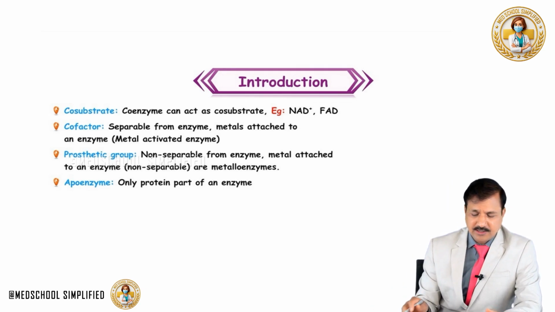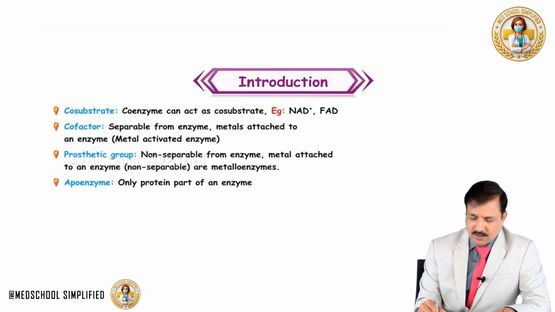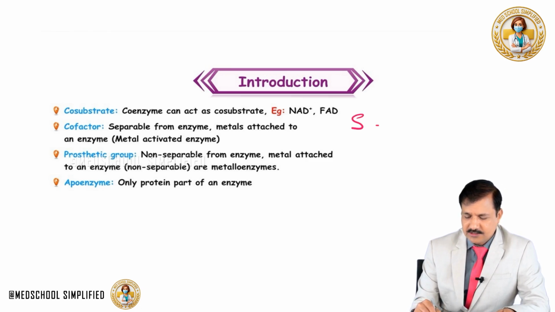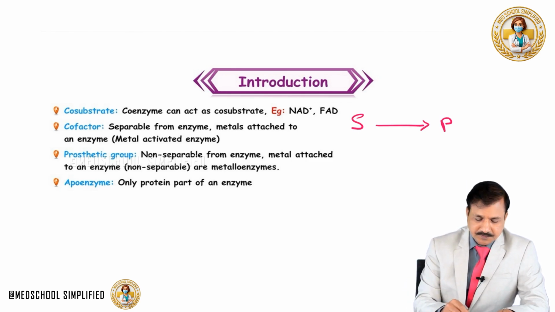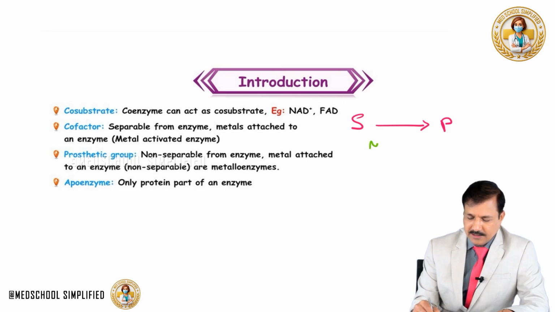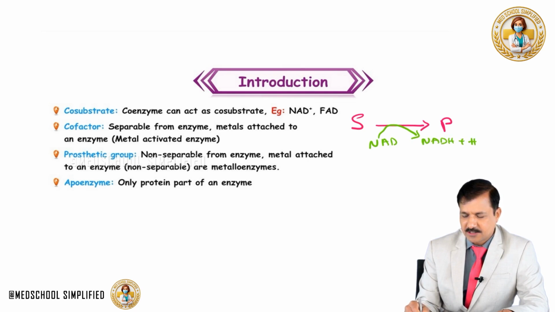Let me write it down here. So a substrate, when it is converted into a product by an enzyme mediated reaction, NAD getting into the reaction and come out of the reaction as NADH plus H plus.